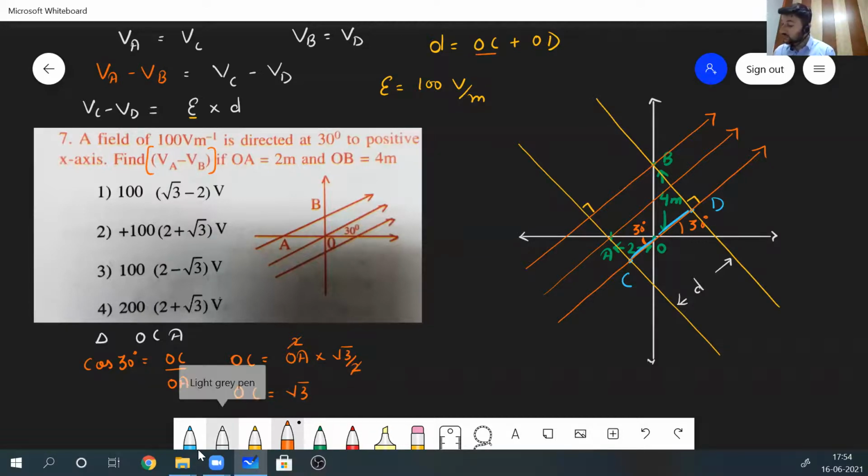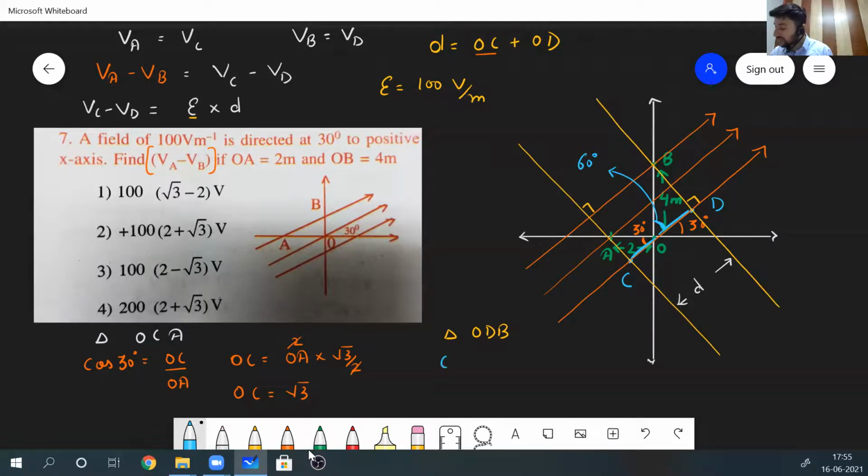Now we have found the first part, that is OC is equal to root 3. How are we going to find the next part? Now we will go to the next triangle, which is ODB. This triangle is right angled at the point D. Again, this angle is 30°. I will draw the angle with sky blue color. And what is this other angle? This angle is 60° because the sum of the two angles should be 90°.